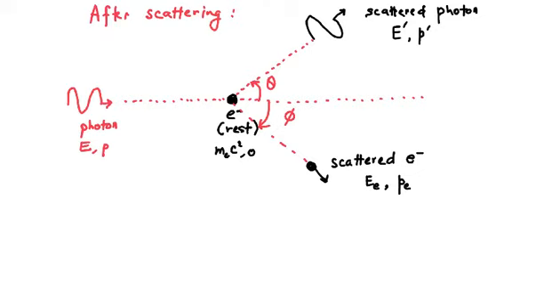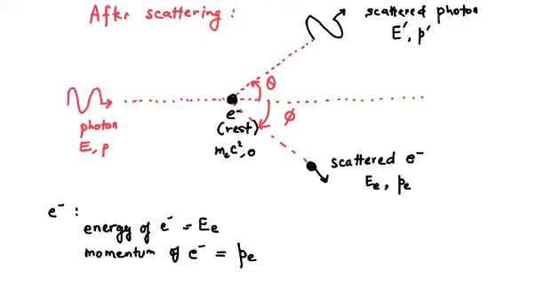So now all we have to do is find what these values are and use the conservation of total energy and conservation of momentum. After scattering, the electron will have momentum P_e.